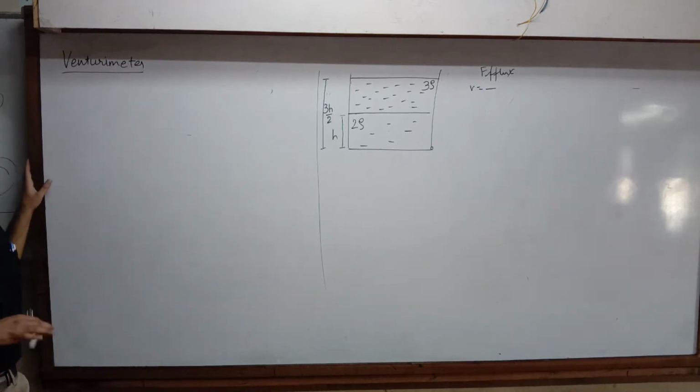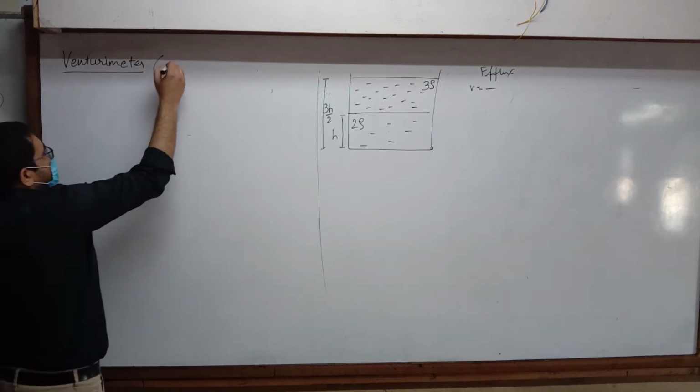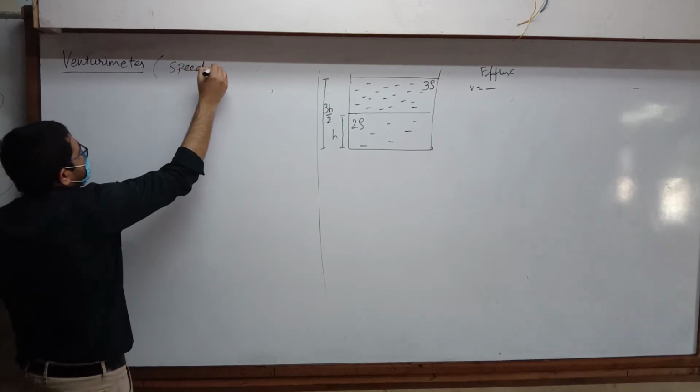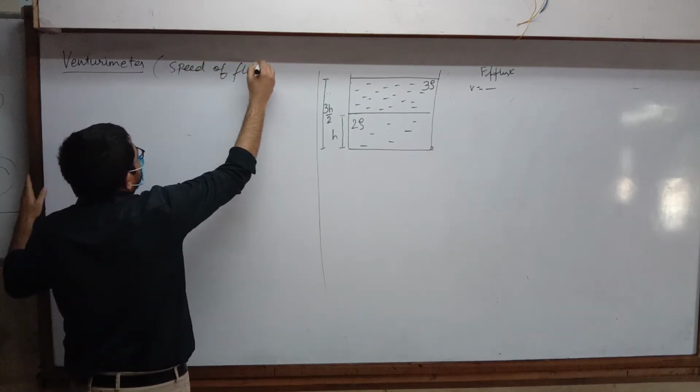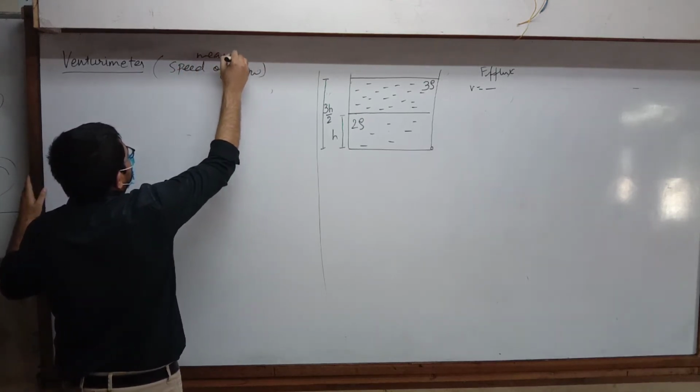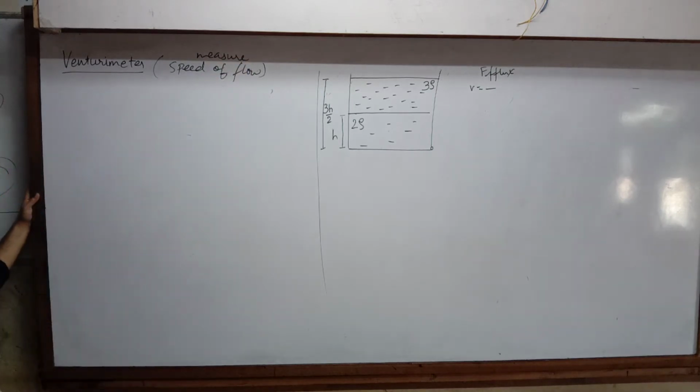So here is the next topic, that is venturimeter. Now what's a venturimeter? It's a device that is used to measure the speed of flow, that is how fast fluid is flowing. How fast could blood be flowing in your body?